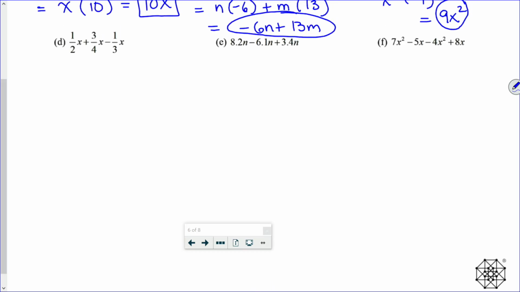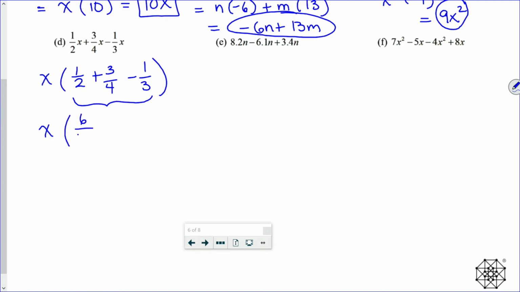Oh, fractions. In this case, every one of those just involves an x, so it'll be x times (1/2 plus 3/4 minus 1/3). I now have to just combine these fractions by getting a common denominator. I would encourage you to do some of this simple fraction work by hand as opposed to on your calculator, just to get some practice with some basic arithmetic, right? 1/2 is 6/12, 3/4 is 9/12, 1/3 is 4/12.